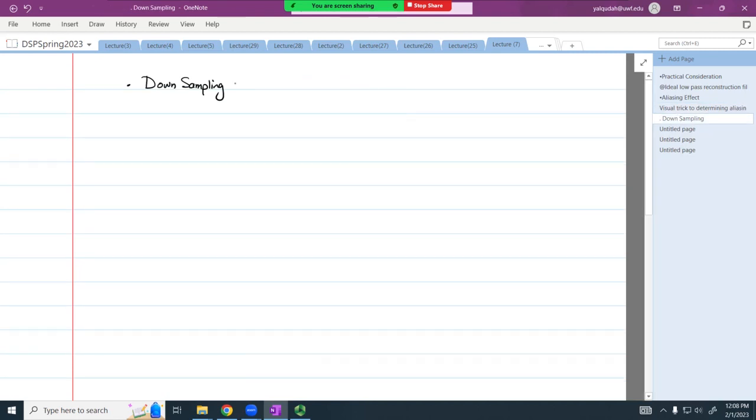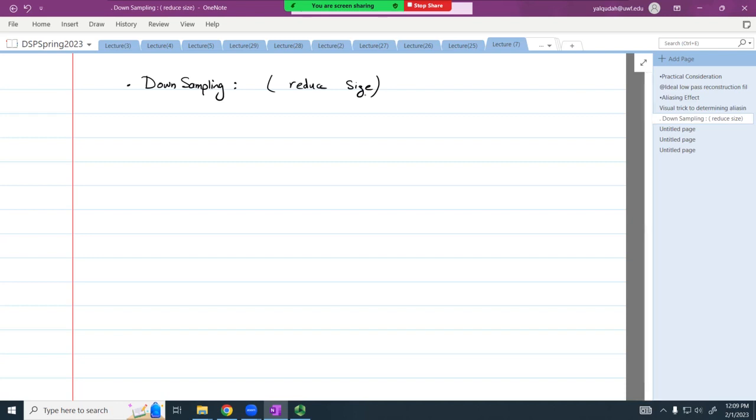Downsampling. Why do we need to do downsampling? You don't have enough space. Excellent. What if I have a signal that is sampled, however, I'm out of space and I need to reduce the size of that signal? What happens if I have a signal that is sampled, but my system is designed for a lower sampling frequency?